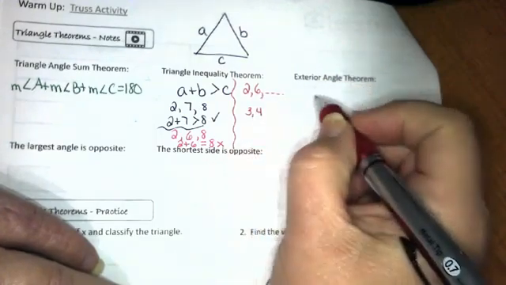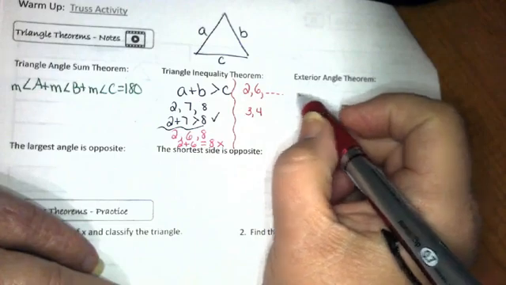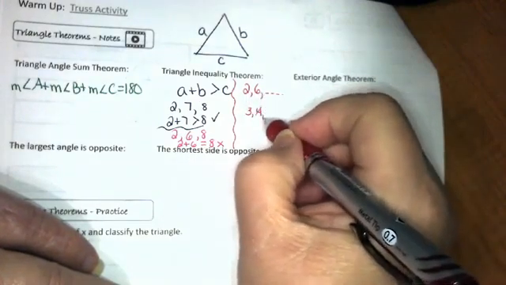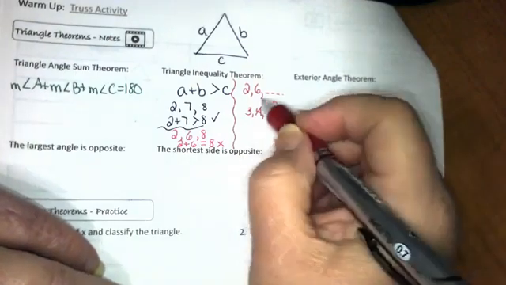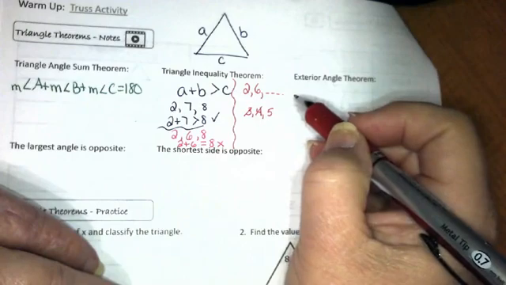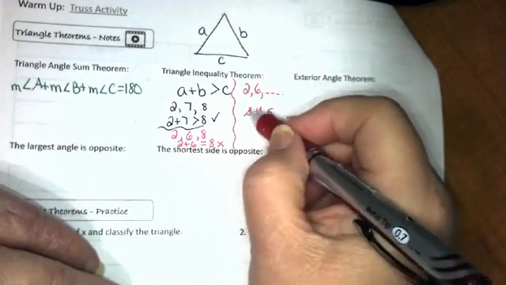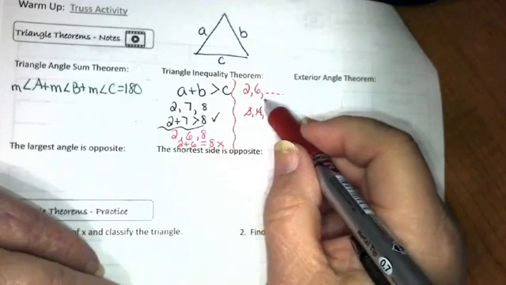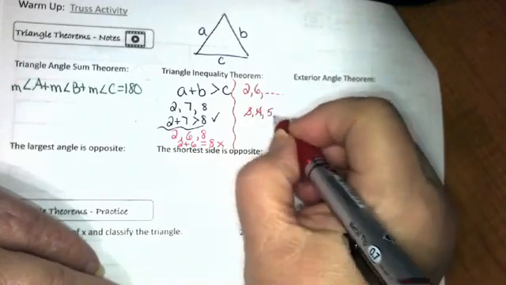Could it be 4? 2 plus 4 equals 6, so that wouldn't work. How about 5? Well, actually, 3 didn't work either, did it? Sorry, 3, because 2 plus 3 is 5, which is less than 6. But 2 plus 5 is 7. That would work, because that's bigger than 6.